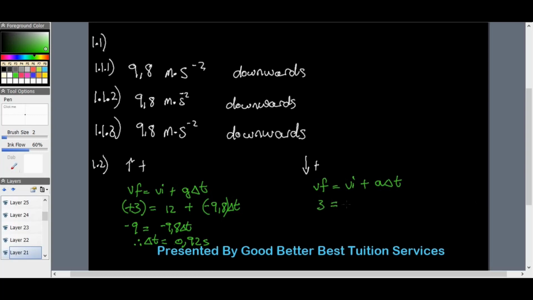Remember it's going down, so this becomes negative 12, plus 9.8 delta T. And that goes over, that of course becomes 15, 3 plus 12. And then that equals 9.8 delta T. Divide both sides, and therefore delta T is equal to 1.53. So let me just write that one properly.